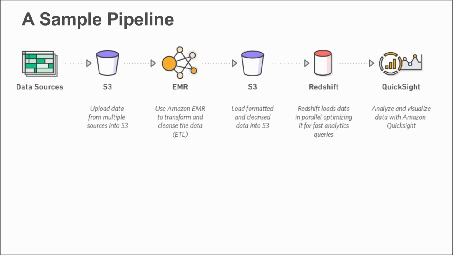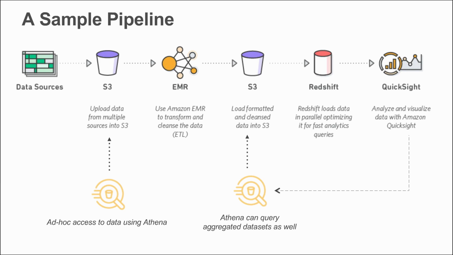This data is subsequently loaded into Redshift, and then you can use a BI tool like Amazon QuickSight to visualize this data. So Athena can fit in here, where you can just run ad hoc analysis on data sitting on S3 using SQL, or Athena will also be able to access the formatted or the cleansed data if you wanted to do so. Athena also integrates with QuickSight, so you'll be able to use QuickSight to directly visualize the data on Athena.